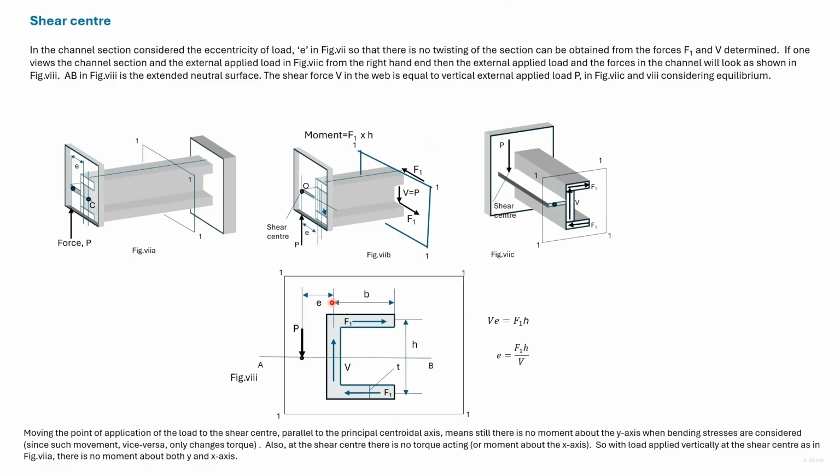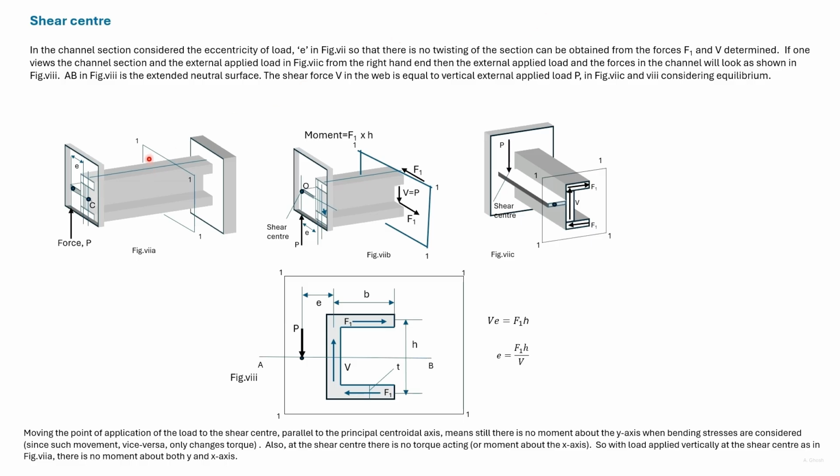We can find the horizontal distance E of the shear center. Since there's no moment at the shear center, V into E must be equal to F1 into H, from which we get E is equal to F1 into H divided by V. This line of action is parallel to the line of action of the principal centroidal axis earlier considered.